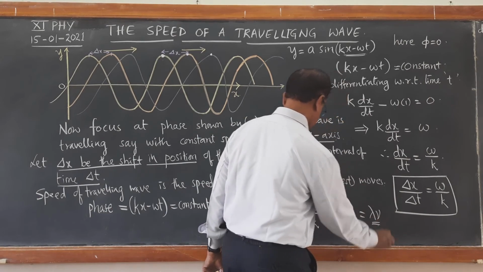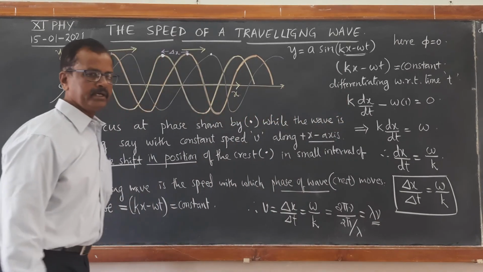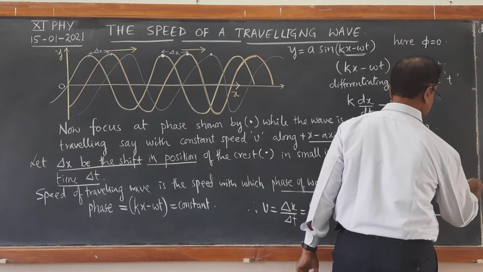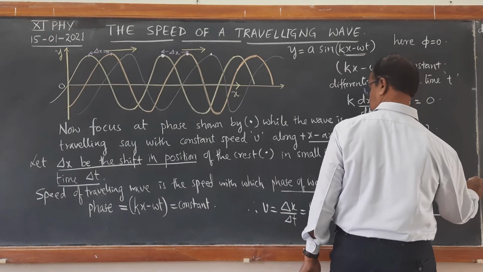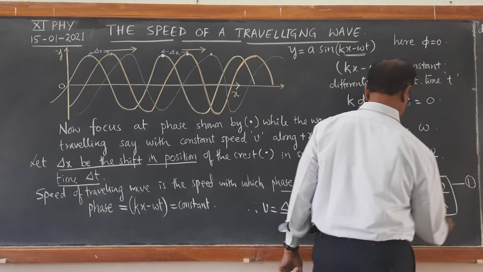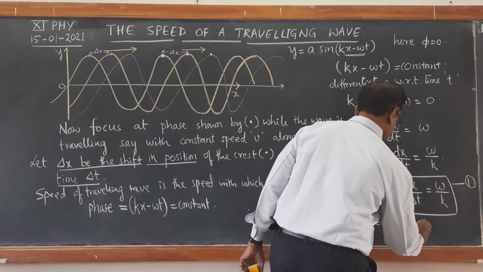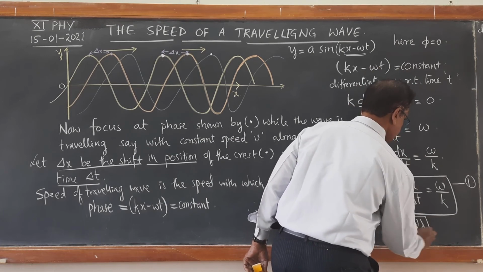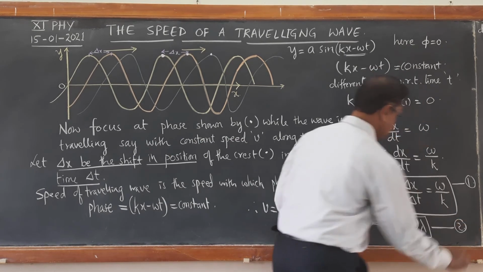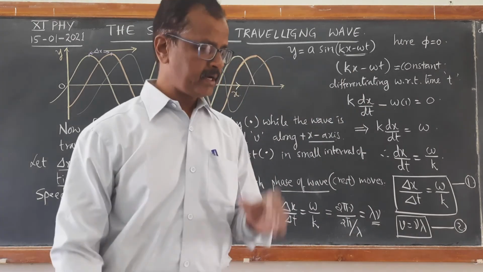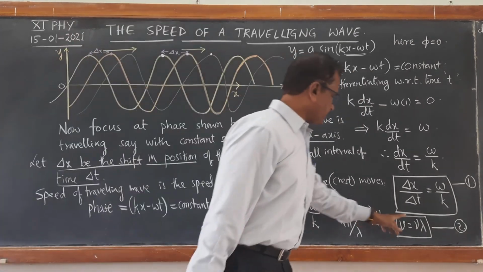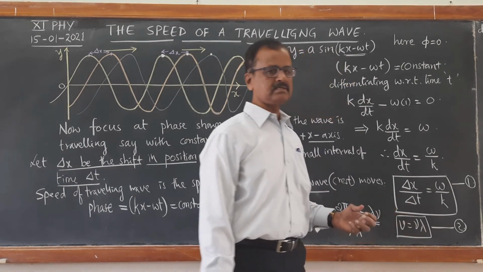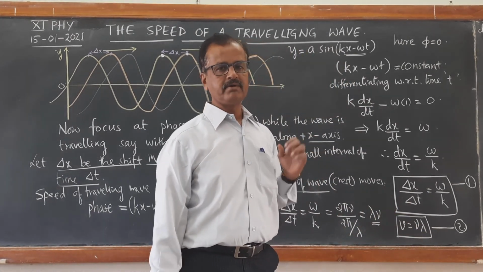So this gives us the relation for the speed of a wave. So the first important relation is this one, which we can call number 1. The second one is v is equal to nu lambda. This is in terms of frequency and wavelength. So v is equal to nu lambda, frequency multiplied by wavelength, gives us what is known as the speed of a wave.